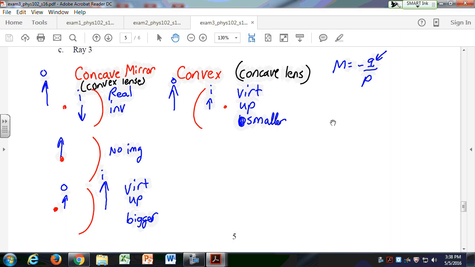Will you mix those in problems? What do you mean, mix them? Like will you put a problem where there's a lens and a mirror in it? Sort of. Will the mirror questions come before the lens questions?